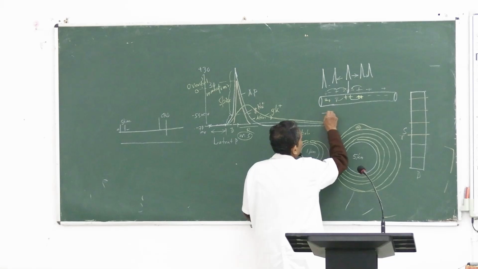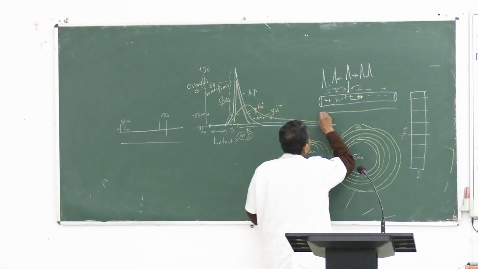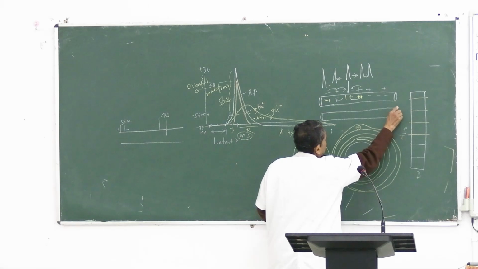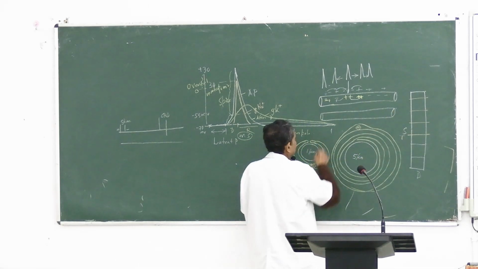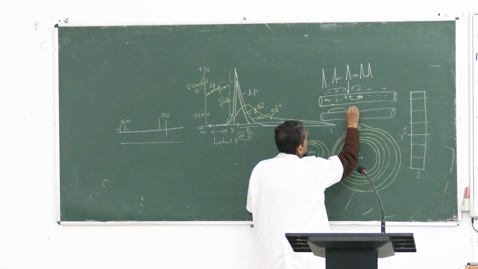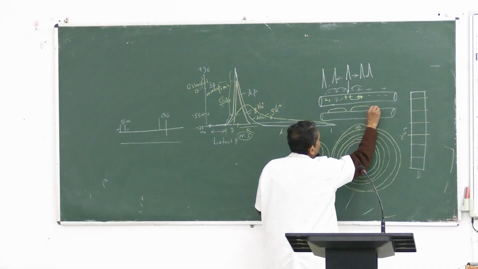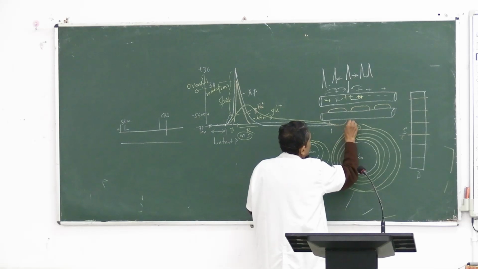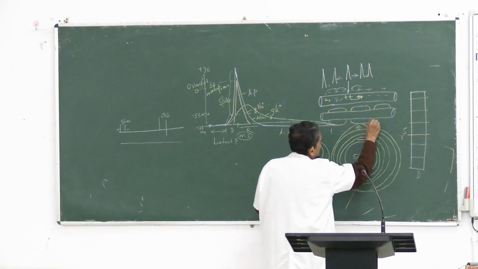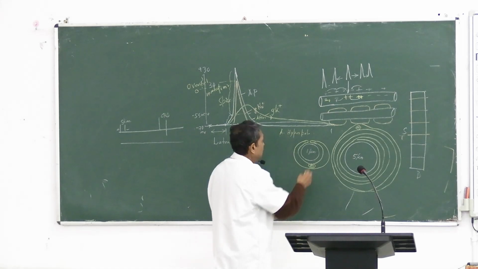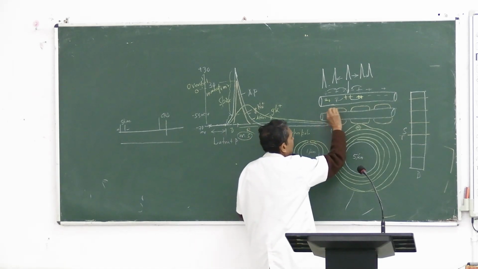In case of a myelinated neuron, there are myelin sheaths. At 1 to 2 millimeter distances, myelination is there. These are the myelin sheaths.